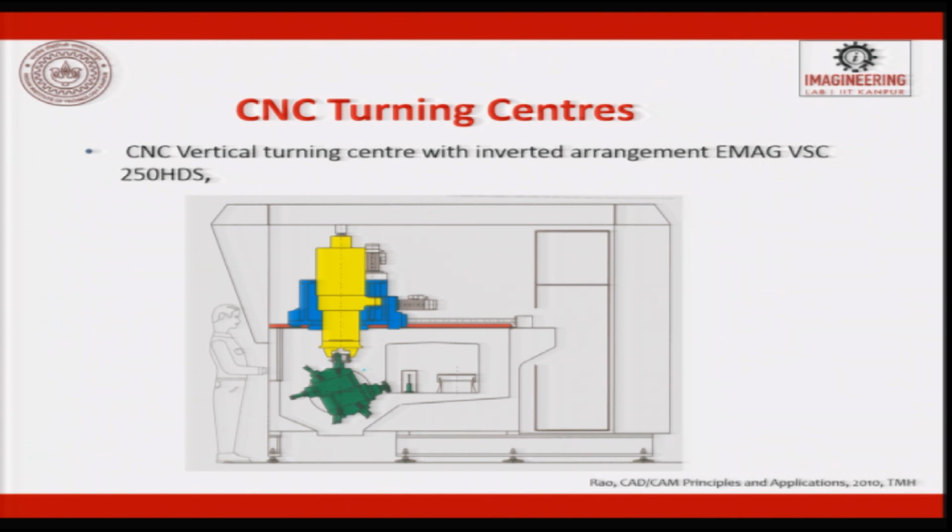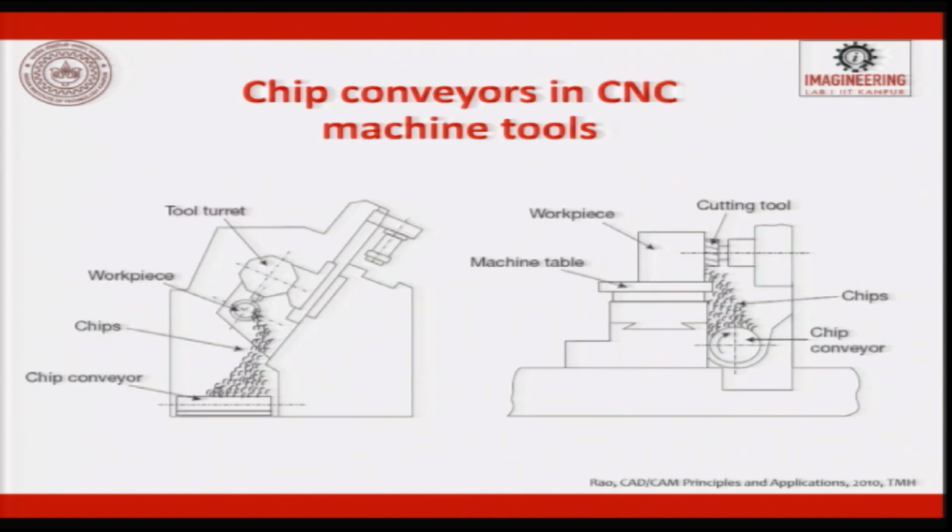So, all options of CNC machines I am talking about. Then as I told you, when we talk about machining, chips are formed. If the chips get accumulated on the table, it is going to be difficult. You have to frequently clean the table. So, rather than that, we always use a slant bed. So, the chip falls on a conveyor. This conveyor can be a bucket or it can be a moving conveyor.